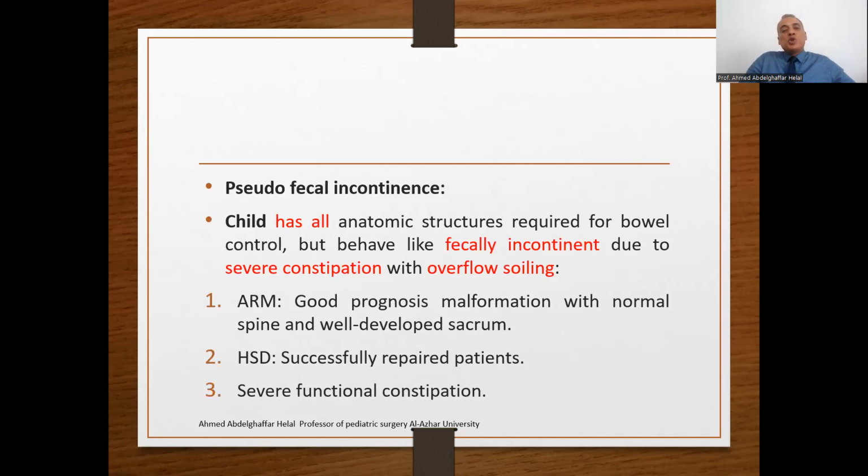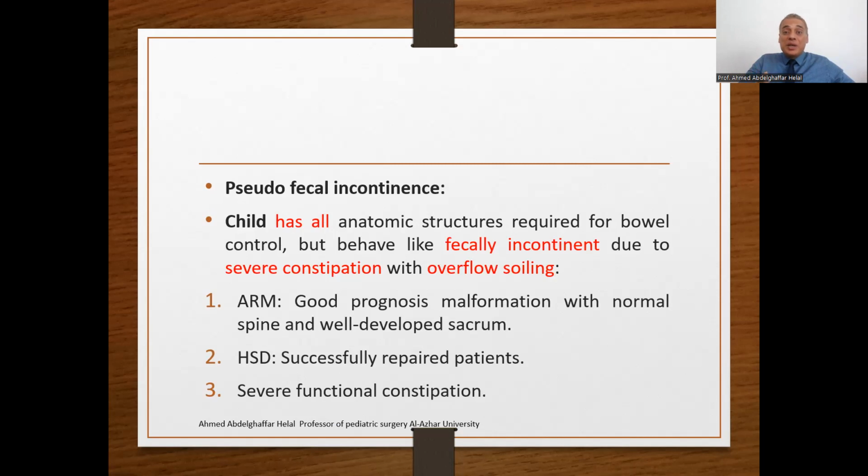The second type is pseudo-fecal incontinence. What is pseudo-fecal incontinence? It means not true. The child has all the anatomical structures for bowel control: normal sphincter, yes, normal muscles, normal bowel motility, and normal intellectual and psychological capacity. So where is the problem?